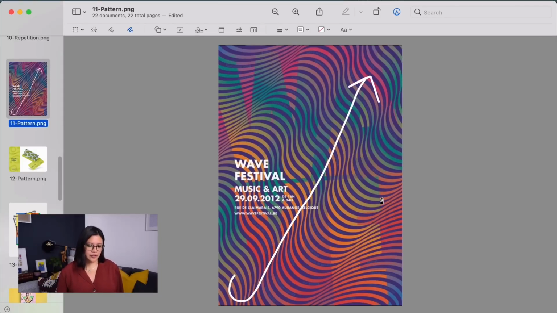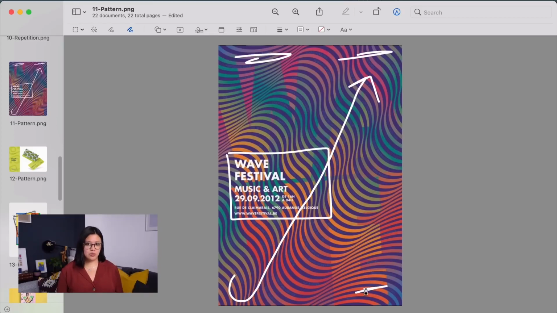And when using patterns, we have to be careful not to create a clumpy or disorganized design or something busy. So in this case, the text is kept white, and there aren't multiple text boxes scattered through the poster. It is just one text box with the date, the important information, and then the pattern in the background.